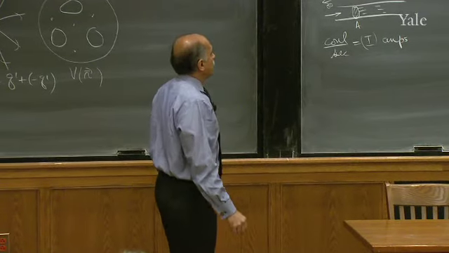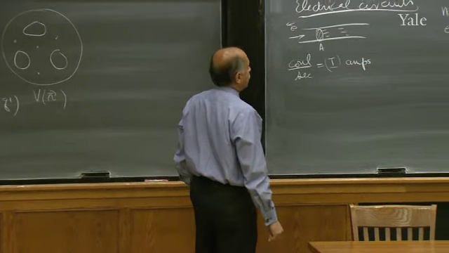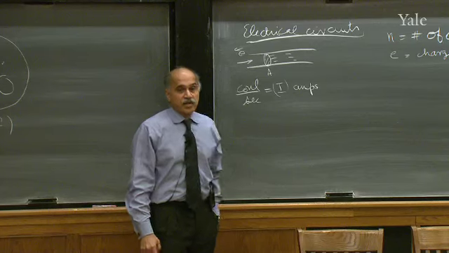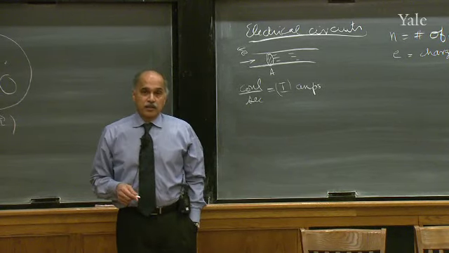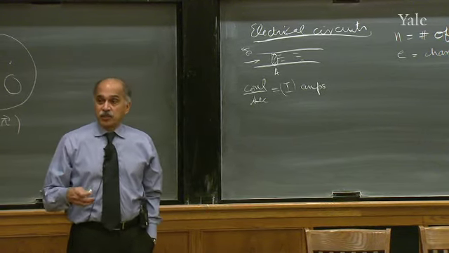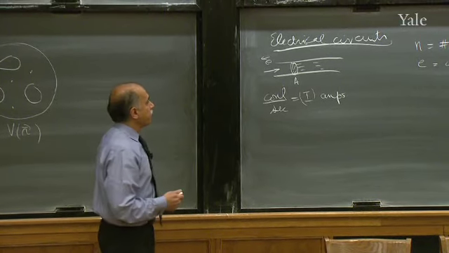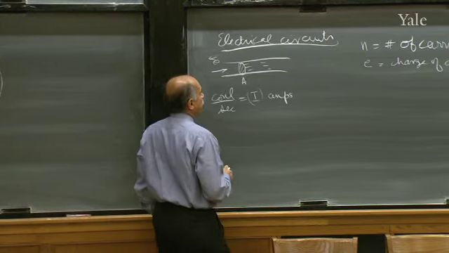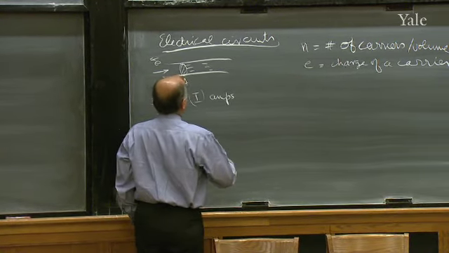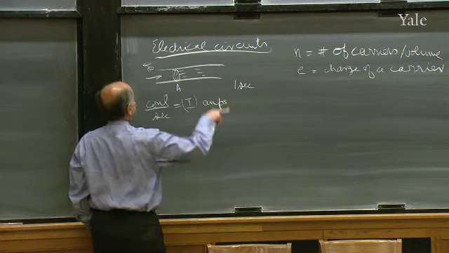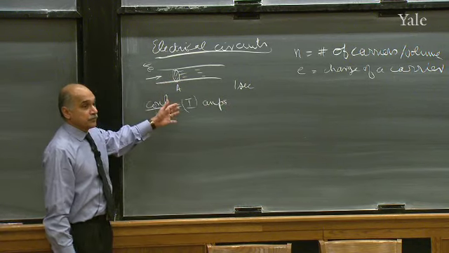What we will instead do is to just keep an eye on the direction of the current and imagine there are positively charged objects carrying the current in the direction of the current, whereas in reality it's negatively charged objects moving in the opposite direction that produce the same current. So you can ask yourself, if you wait 1 second, how many coulombs will go past this checkpoint?